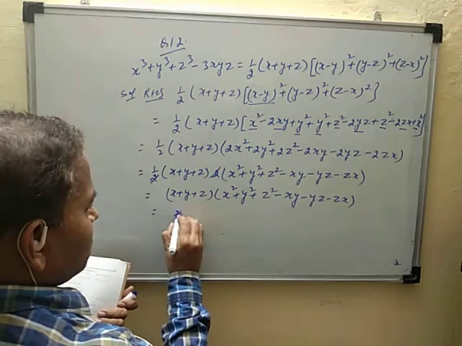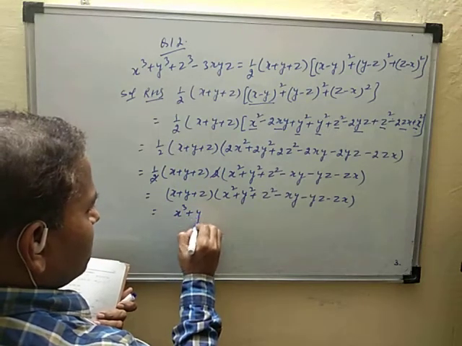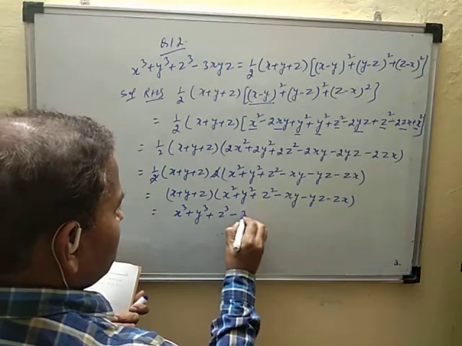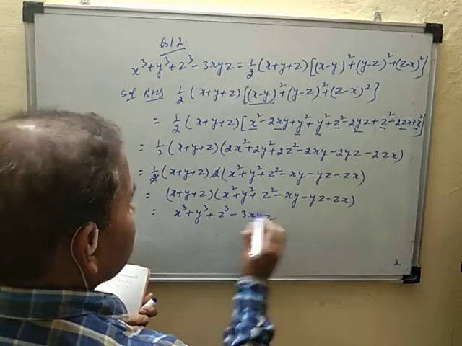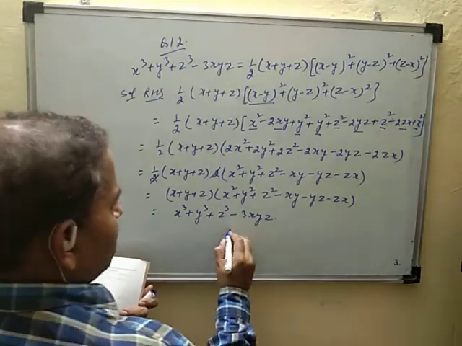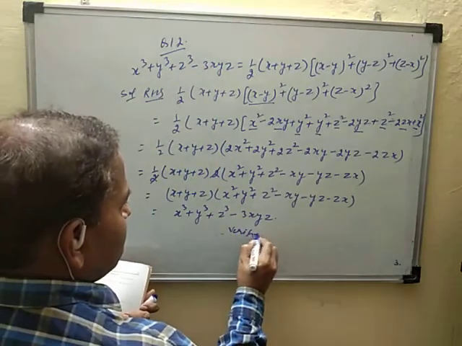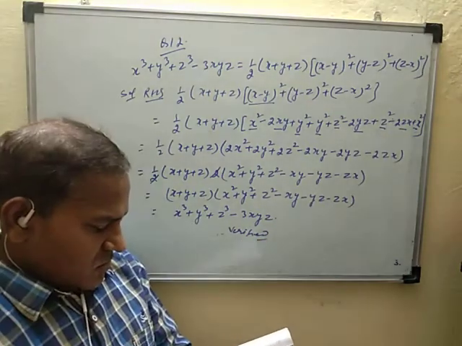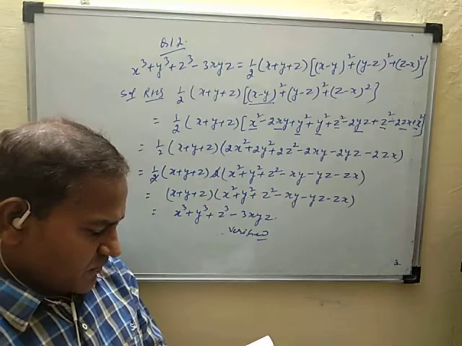So this is equal to x cube plus y cube plus z cube minus 3xyz. So proved, verified. So question number 12 is completed.